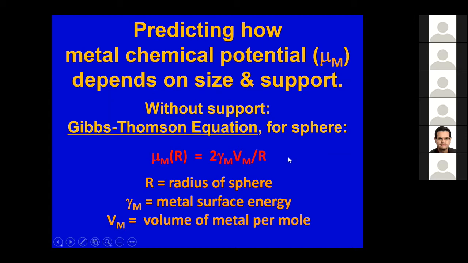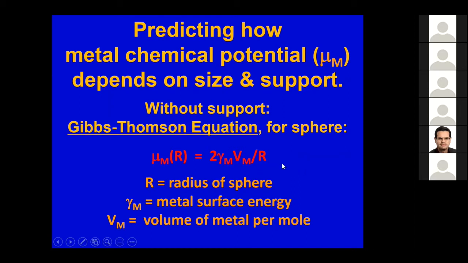And we just take that over from things like water and instead think about a liquid droplet of a metal. And so this is now the chemical potential of the metal atoms. This is the surface energy of the metal.